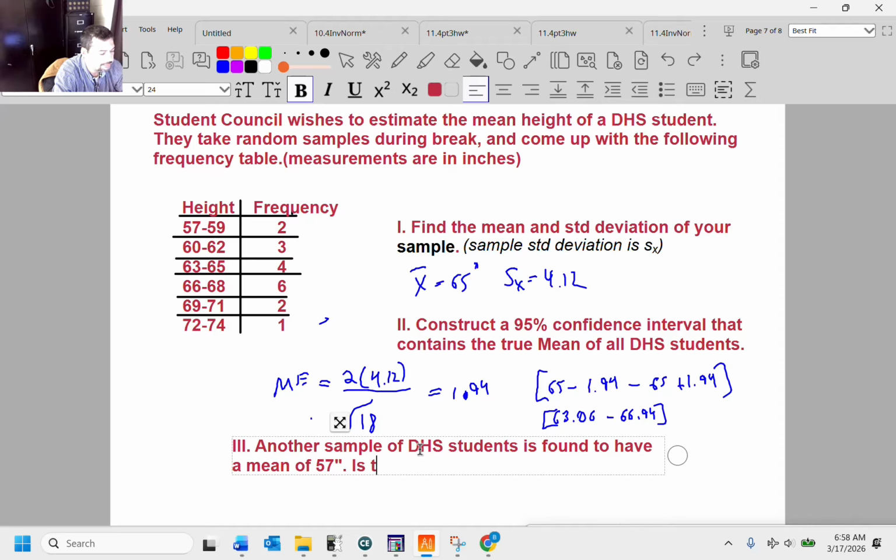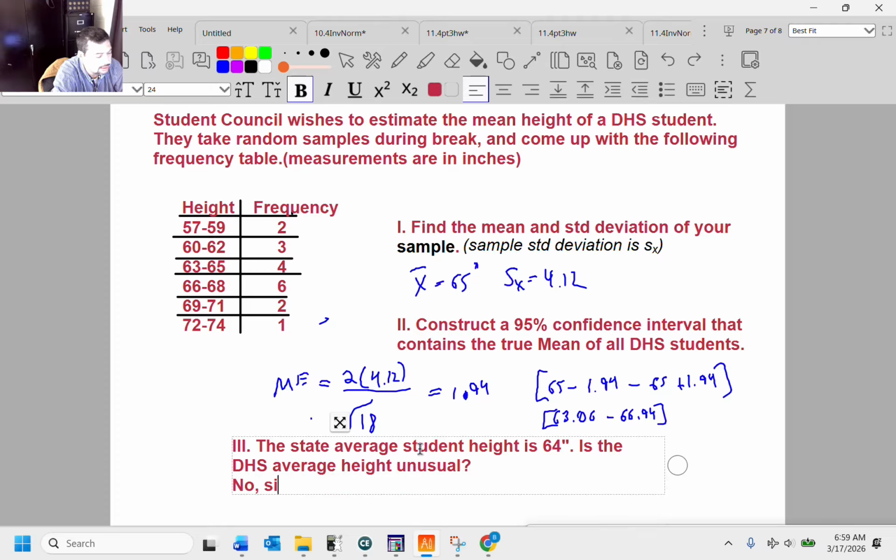Is this unusual? Well, the answer is yes. Actually, I don't even like that question. Say the state average student height, of course, we're dealing with height with kids in high school, is 64 inches. Is the DHS average height unusual?